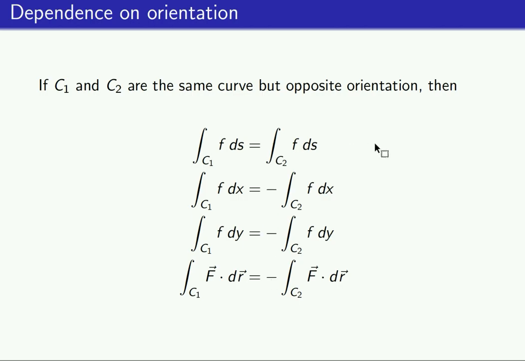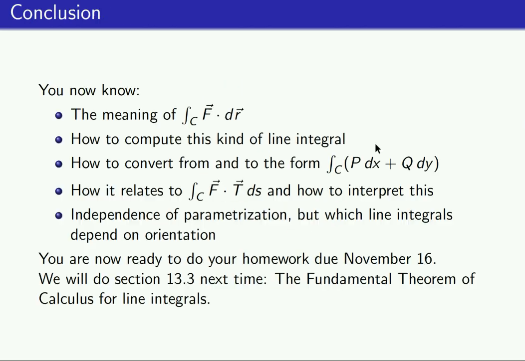All right. So now you know the meaning of the integral of f dot dr, this kind of line integral. You now know how to compute this kind of line integral. If I give you a curve and give you a vector field, you should be able to compute this. You should know how to convert this kind of line integral to the other kind of line integral, p dx and q dy, like this, and how to go back.